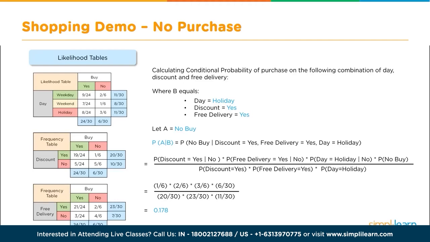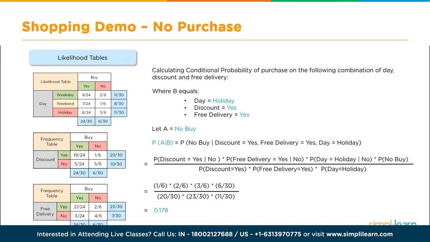So we have the probability of the discount times the probability of free delivery times the probability the day equals a holiday. Those are our three variables of the probability of A if B. And then that is going to be multiplied by the probability of them not making a purchase. And then we want to divide that by the total probabilities, and they're multiplied together.